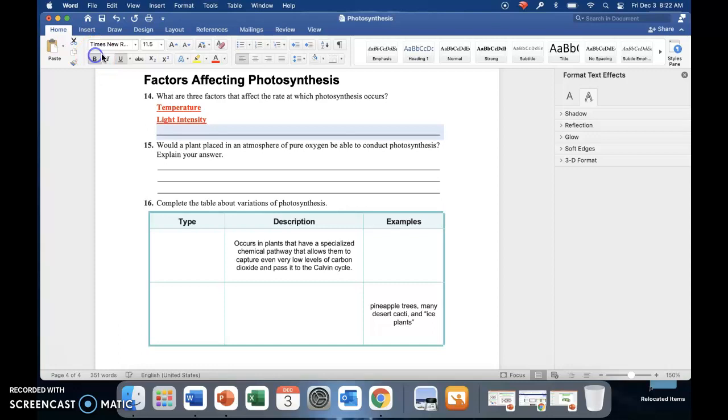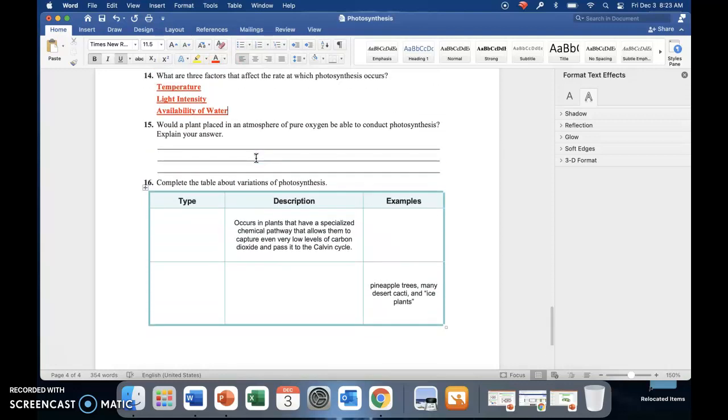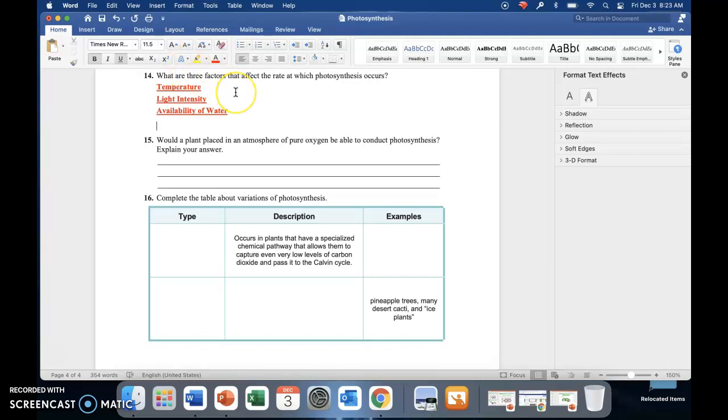A third one that we did mention was the availability of water. Also, you could throw in here the availability of CO2 as a factor also, because obviously you need water, we need carbon dioxide, we need energy. So those 3 things are required.